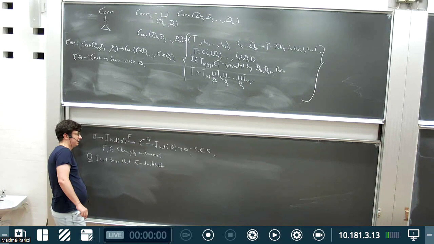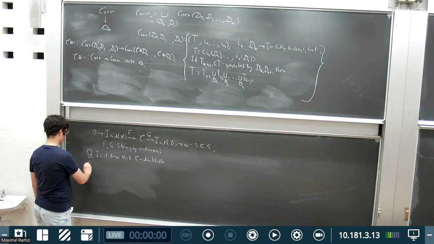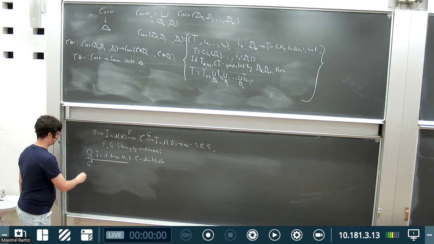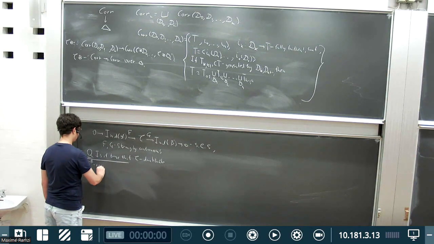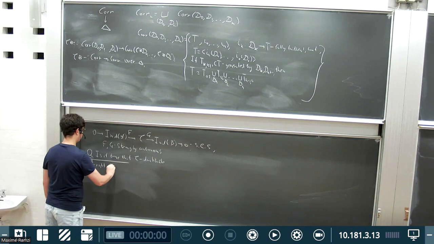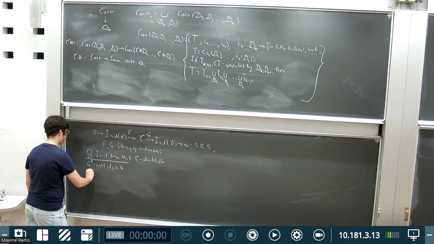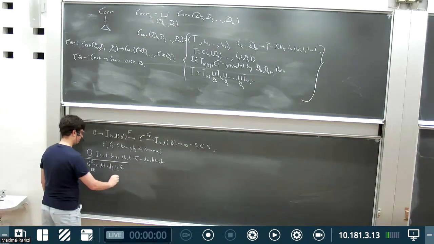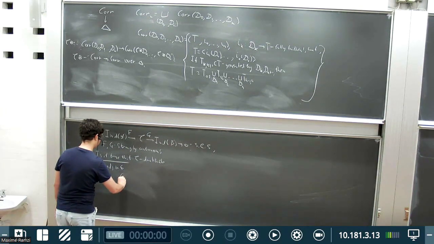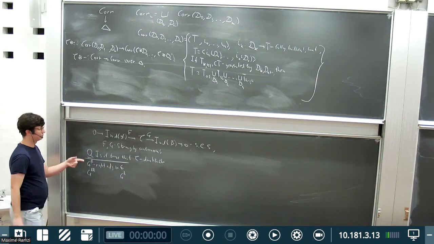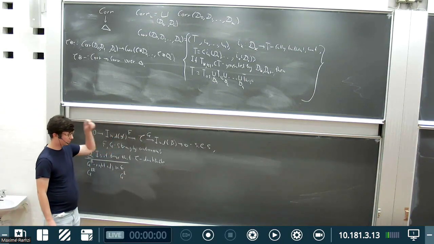So let's use some notation. Let's use the symbol G^R for the right adjoint to G, and let's also take the twice right adjoint, G^RR, the right adjoint to G^R, which exists because G is strongly continuous.